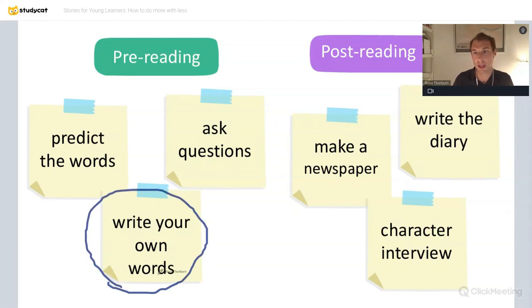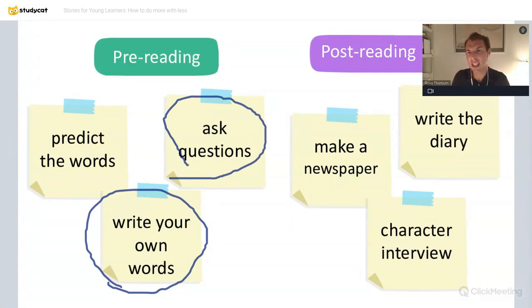Nice way to get students to use what language they already have. Another simple one we had was asking questions. I find a lot of time in class, it's always the teachers who ask the questions rather than the students. Doing this, getting students to ask questions at the beginning is a nice way to get students to ask some questions. And then post-reading, we had a few of these, right?